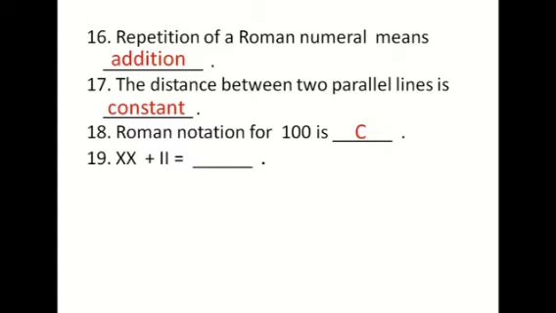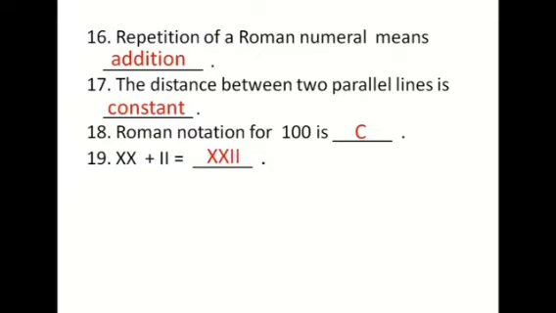19th one, XX plus II equals to how much? X means 10. So XX, 10 plus 10. How much? 20. Plus I I means 1 plus 1, 2. So how much? 20 plus 2 gives you 22. So remove this plus sign and write it off.